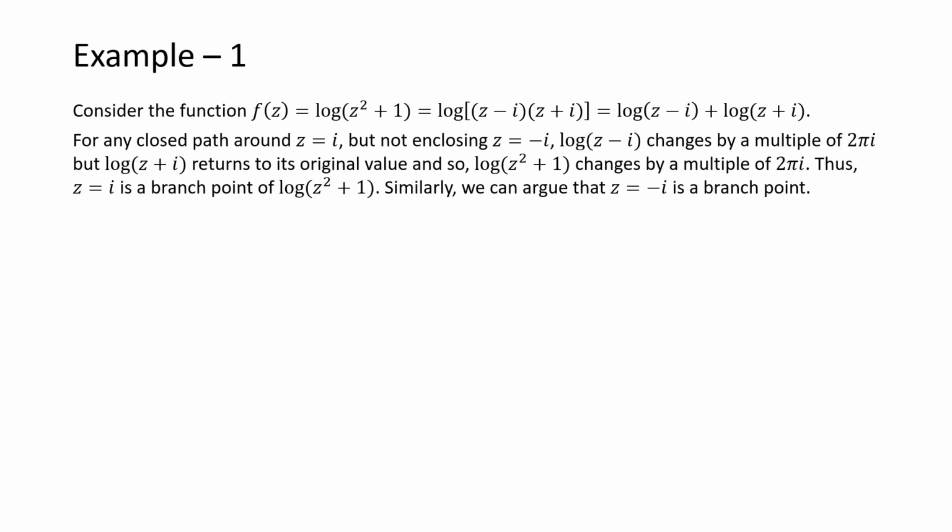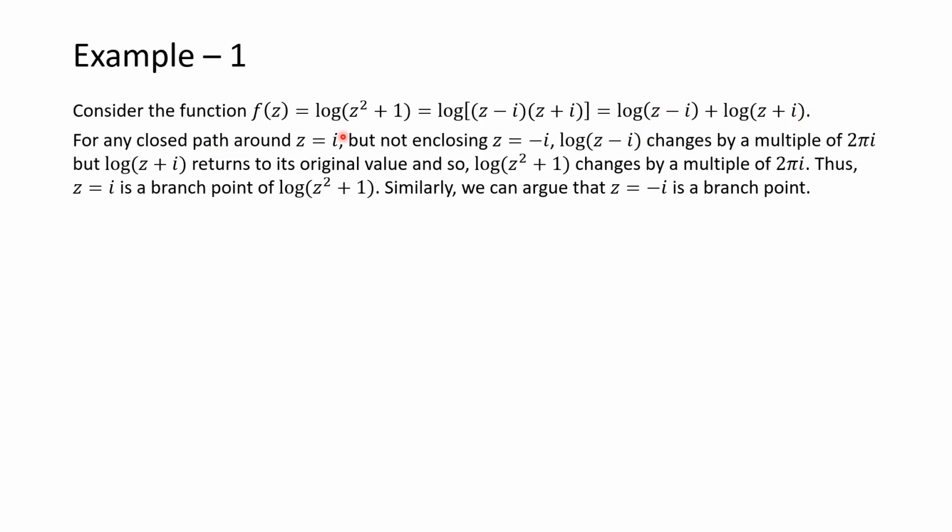Taking another example here, log of z squared plus 1, we can factor this into z minus i times z plus i, and then we know that the log of the product is the sum of the logs. We want to analyze i and minus i as potential branch points.